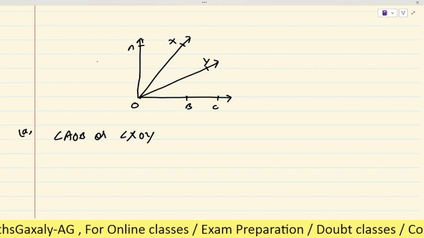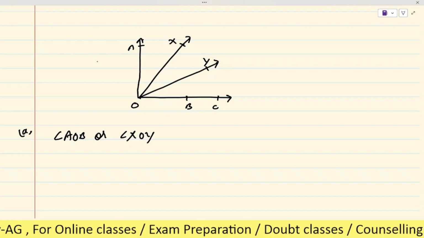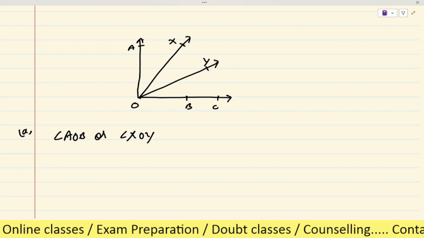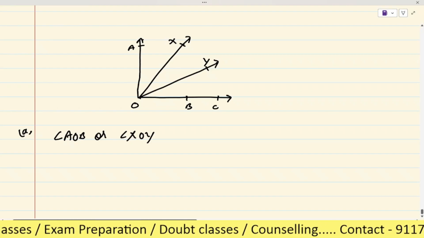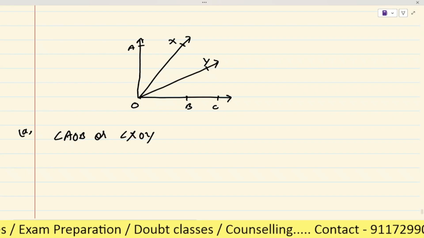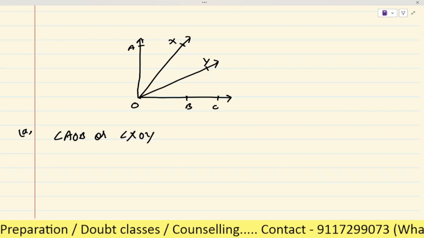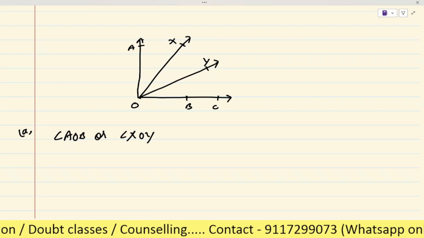Sir, AOB. AOB is the greater one. Very good. Why? Sir, I don't know how to explain it. Okay, no problem, dear. Simply you can say that AOB has more sides, right, than XOY?